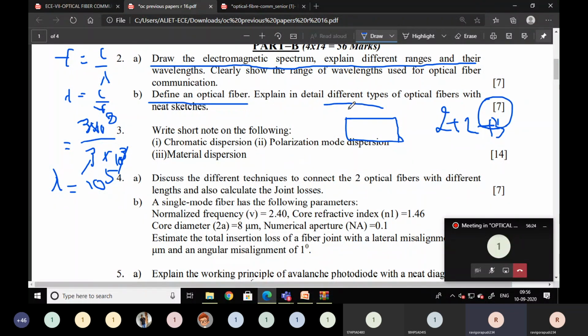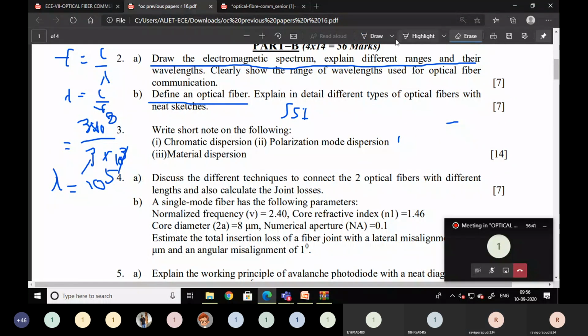Based on modes and based on refractive index profile, these are classified into single mode step index fiber. Next is multi-mode step index fiber. You can write the next one. Already I told you the configurations of the fibers.